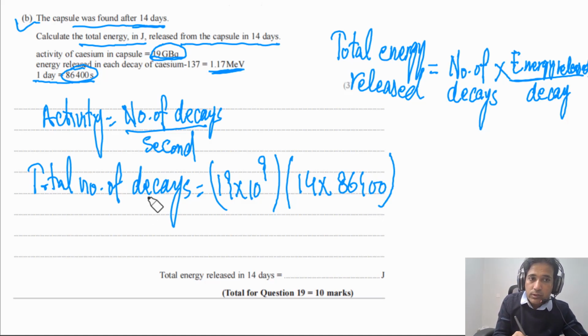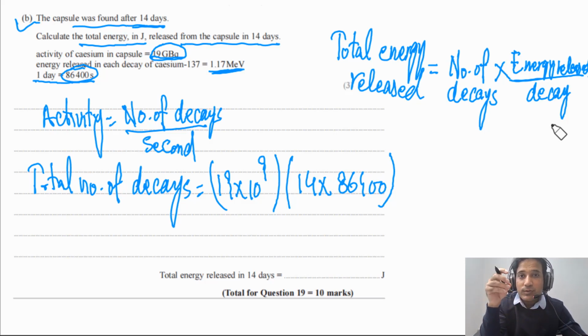So now we have the total number of decays and the energy released per decay, so we can calculate the energy released in 14 days. Then that answer we can convert into joules. So this is how you need to answer. I hope this makes sense to you. Now let me show you the full answer.